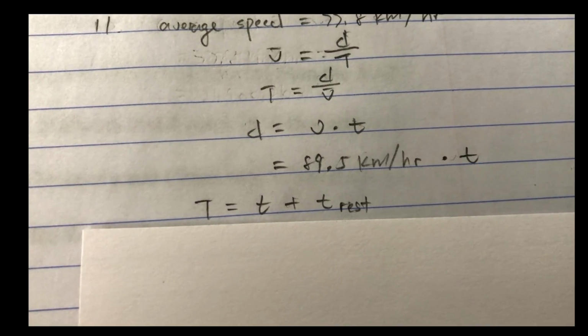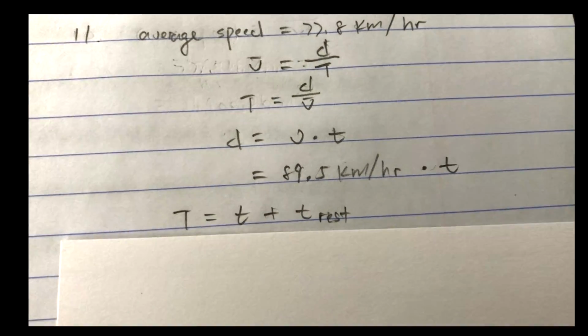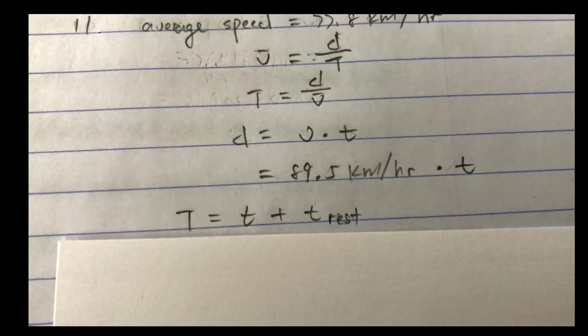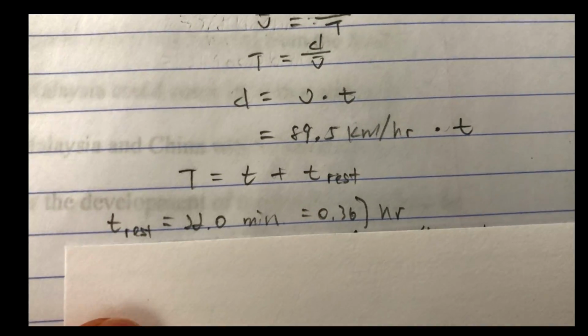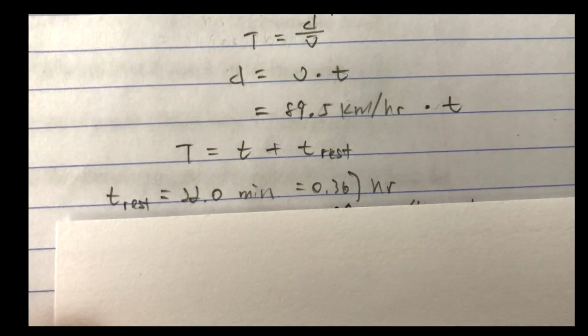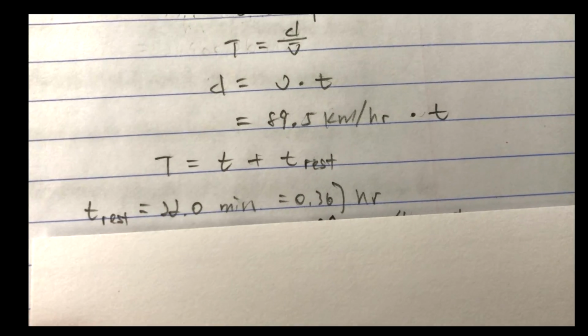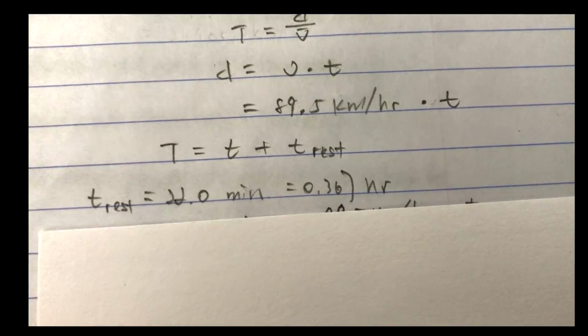So the total time equals the time the person travels plus the time for the rest. The rest time is 22 minutes, which is 0.367 hour.